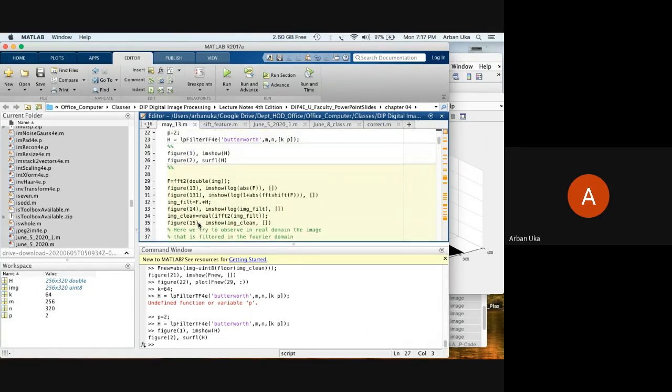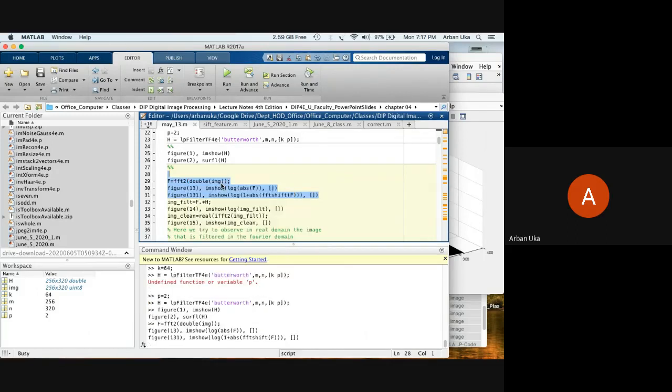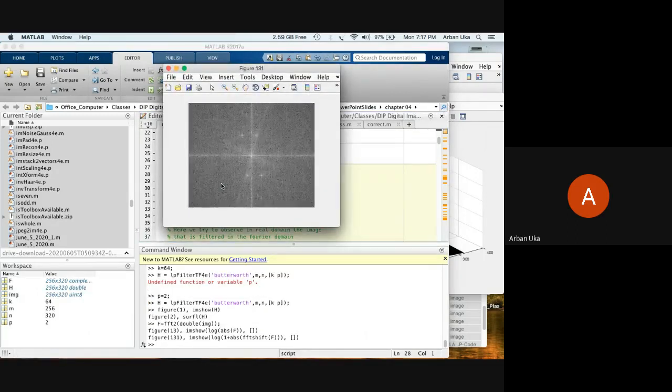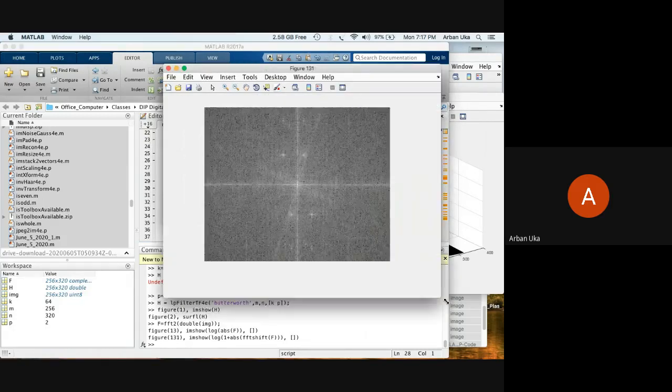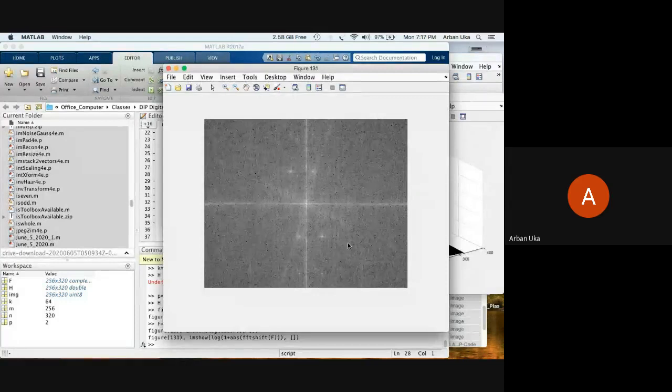Now let's see this noise. We have this money, which apparently has some periodic noise, because we see some frequencies here, here, here, and here.